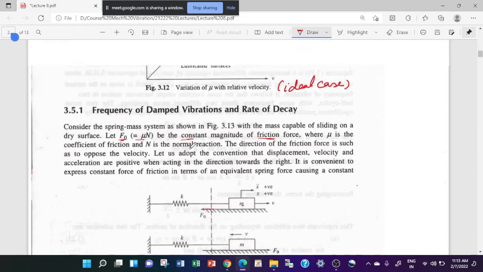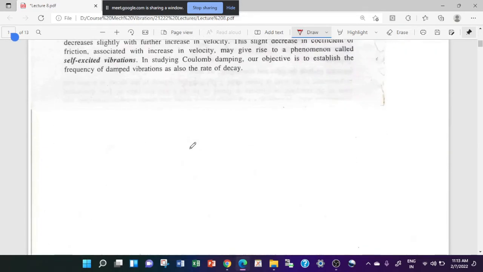Before starting this, let me give you one more thing. If you have an inclined surface, then you can find the frictional force again here. Suppose this is your inclined surface, this is your theta. The system is trying to move in this direction with some velocity v.